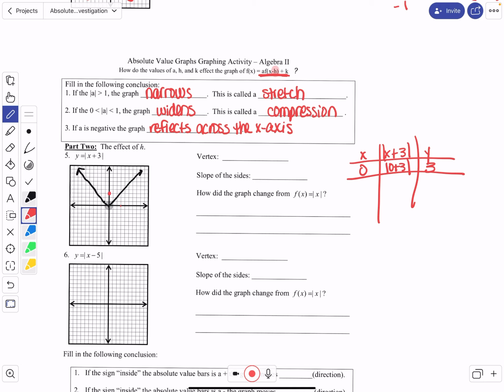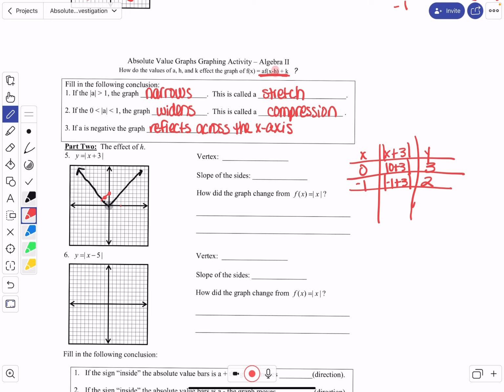All right, if I do a -1, I've got -1 plus 3, so that's going to give me 2. So then I've got -1, 2. That puts me right there. And I can see that this graph is going down here, so I know that it's been shifted.